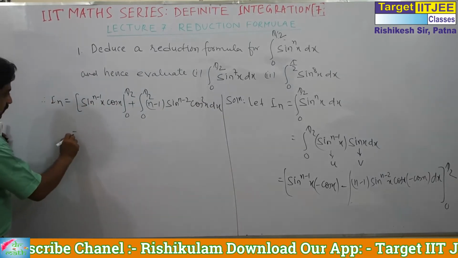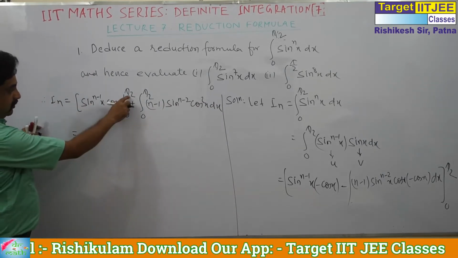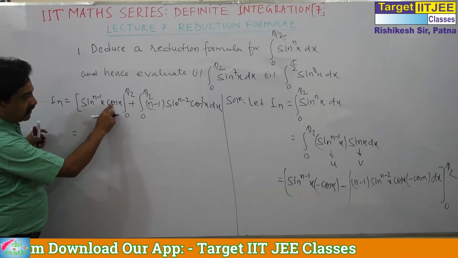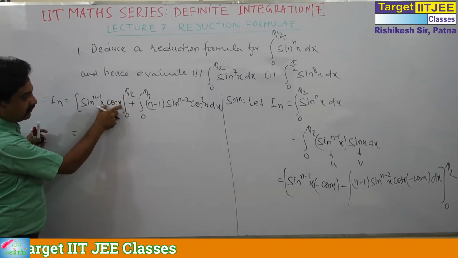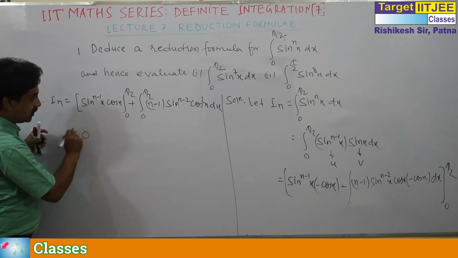Now, this first term is 0, because cos pi by 2 is 0 and sine 0 is 0. Cos pi by 2 will make this term 0 and sine 0 will make this term 0, so this is 0.